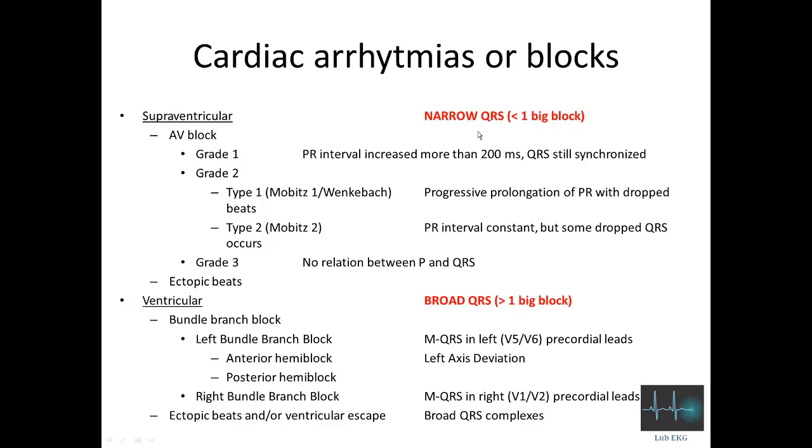The ventricular conduction is not affected, and it's still narrow and looking normal. If we have a ventricular conduction problem or ventricular arrhythmia, the QRSs are broad because electricity doesn't flow through the ventricles as smoothly and synchronized as it normally should.